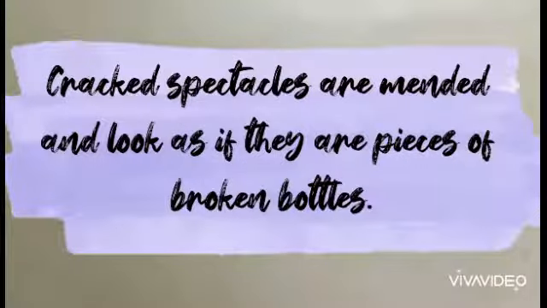You can see the glasses they are wearing, they are all broken like bottle bits. They are repairing and wearing them. They can't even get proper medical treatment, and therefore it is said all of their life is being destroyed here in the slum.